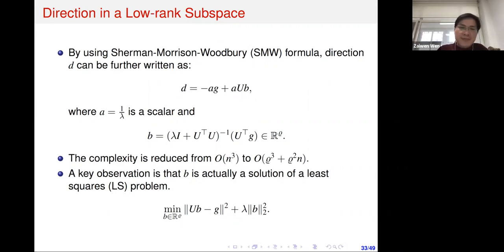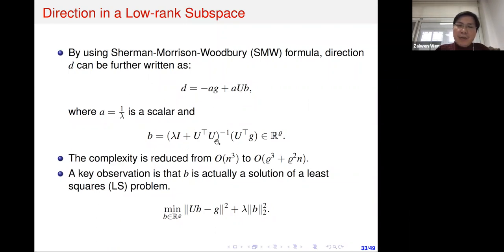I will explain later. For example, let's look at the fully connected layer: the number of rows of U can be more than 10,000.